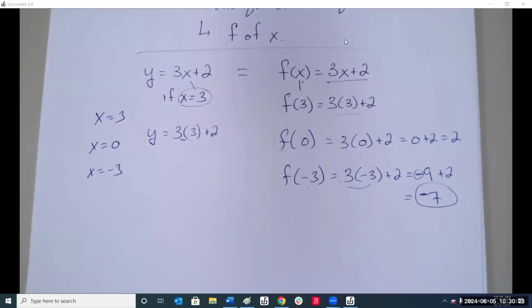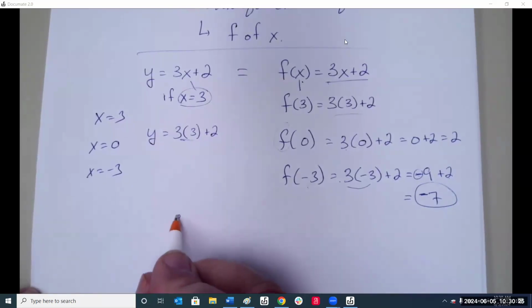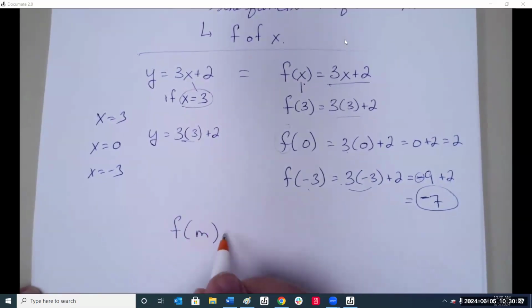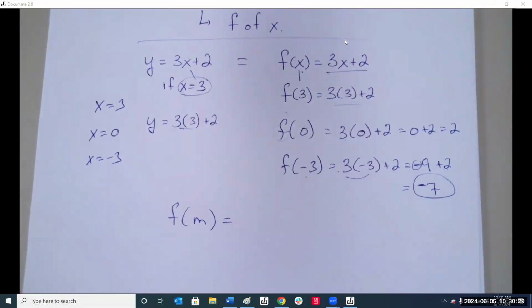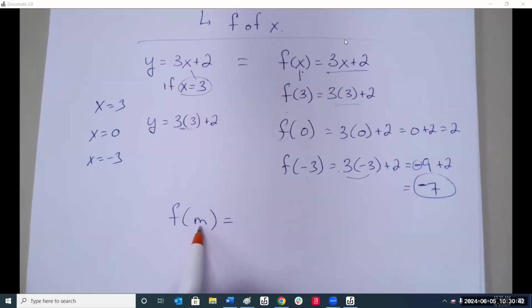Any questions so far? What would that give me? No, it's m. Whatever's inside the parentheses is what I define as my variable.